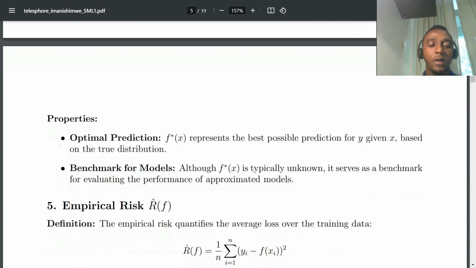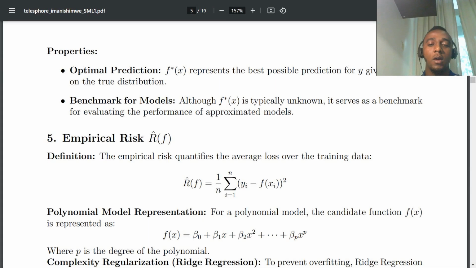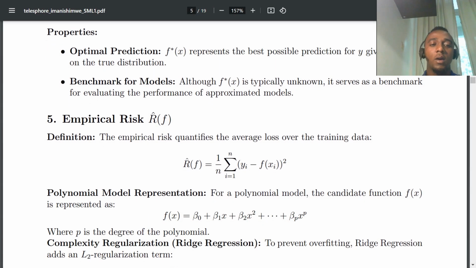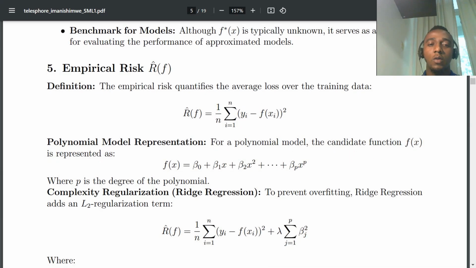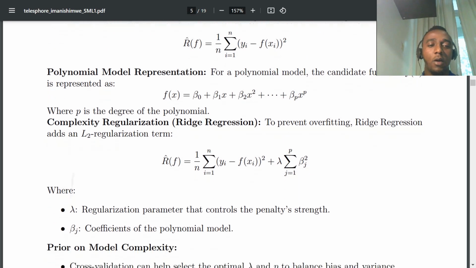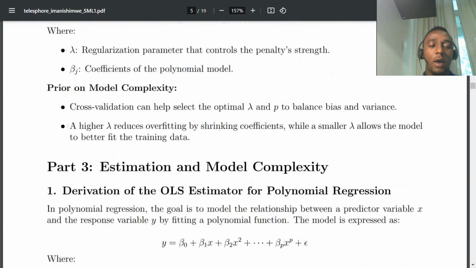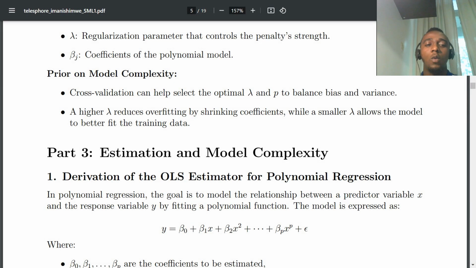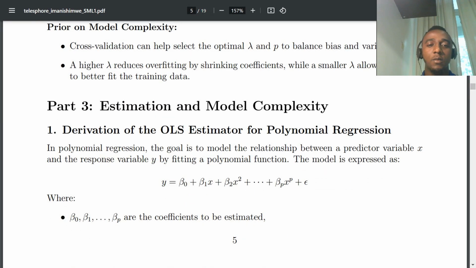And after that, I went to the empirical risk, where the empirical risk is the function that quantifies the average loss over the training data. So I take 1 over n times the sum of squares of y_i minus f of x_i. And after that, I went to the second part, which contains the estimation and model complexity.